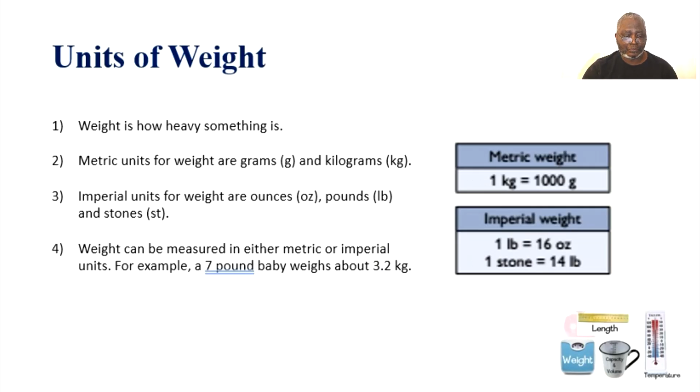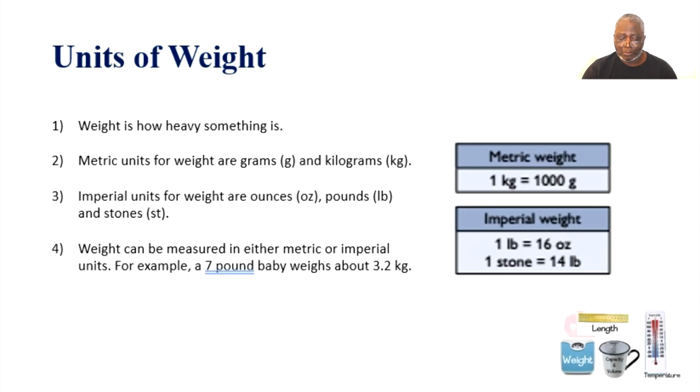Units of weight. Weight is how heavy something is. Metric units for weight are grams and kilograms. As you can see on the right, that's the conversion. 1 kilogram is equal to 1,000 grams. Imperial units for weight are ounces, pounds and stones.